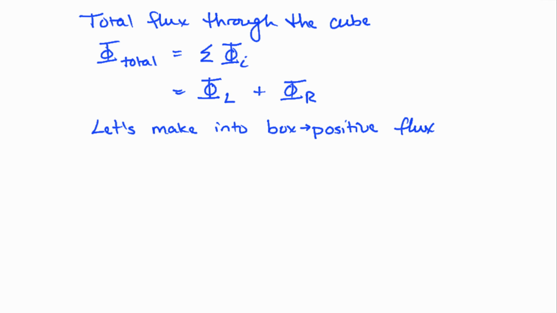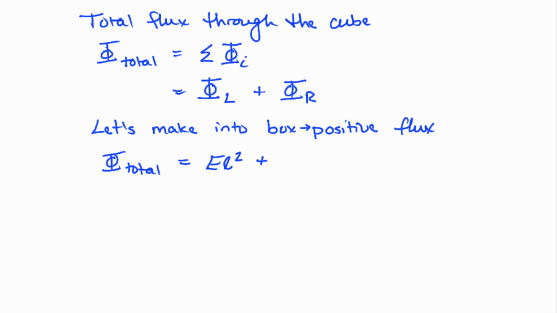So that means now when we look at our total flux, we're going to have the flux through the left side of the cube. If we go back to our diagram, the electric field is pointing into the box on the left side. So that's going to be E L squared. And then on the right side of the box, it's going out.